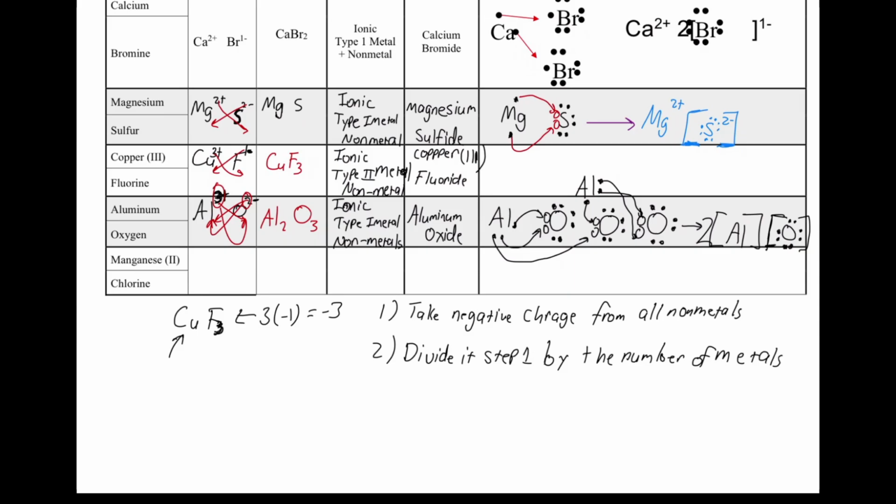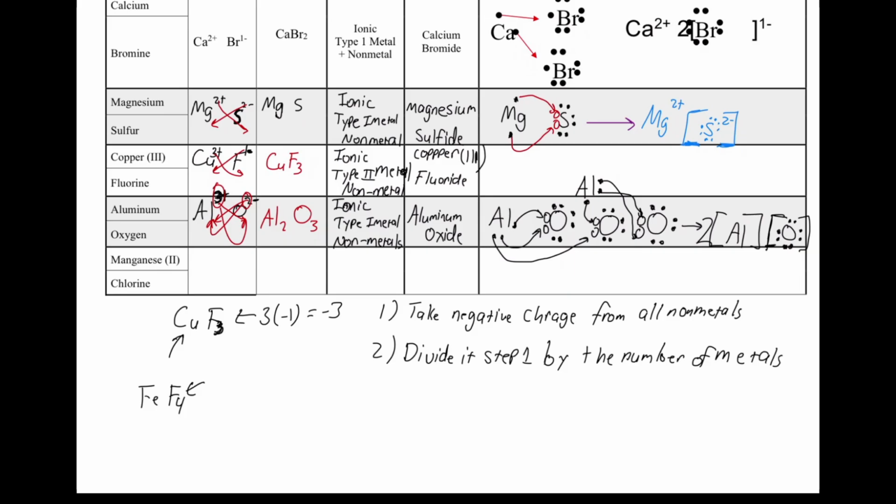So if I have a certain number of copper and a certain number of fluorine, I know what the charge is on fluorine. Each one's -1. Let's say I had something like FeF4. This has 4 fluorides. If it's an ion, it gets the -ide.